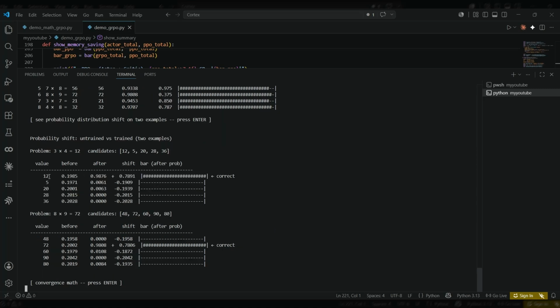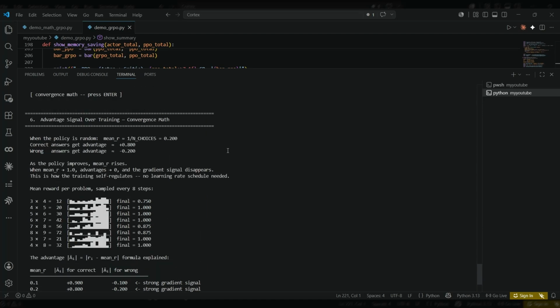See the first one, which is correct, you're seeing the shift. Before, the probability was 0.1985. After training it has become 0.9876. Similarly for 0.2 to 0.9808.